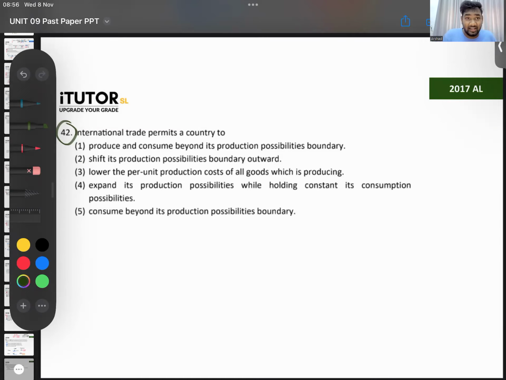Because of international trade, we learn something called gains from exchange, and we draw something. How many of you remember? Because of international trade, you can consume outside your PPC. We draw something called a consumption possibility curve. This is your PPC.